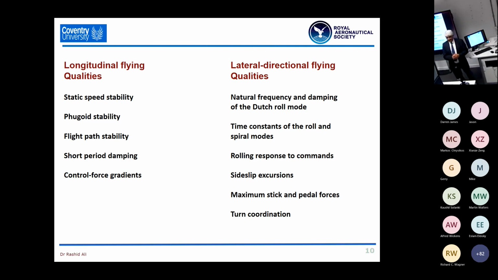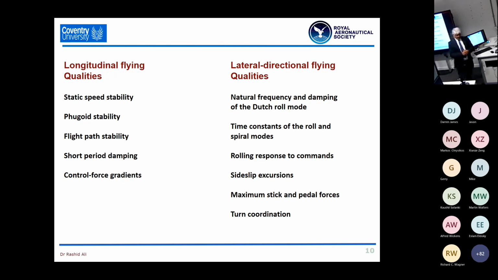We can look at the Cooper-Harper scale of assessment, as well as cross-plotting the frequency and damping ratios of the various modes of motion to establish whether or not the aircraft has the correct handling qualities.